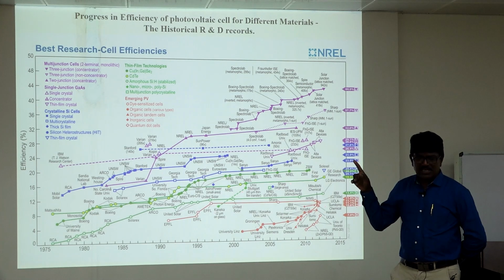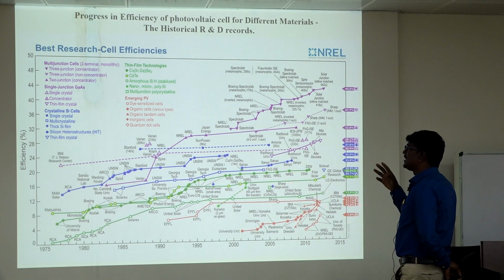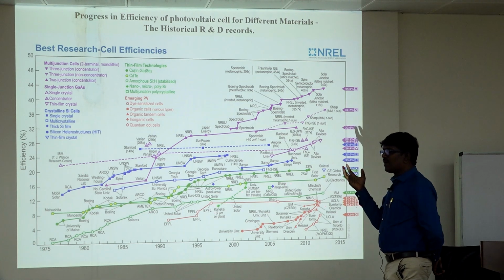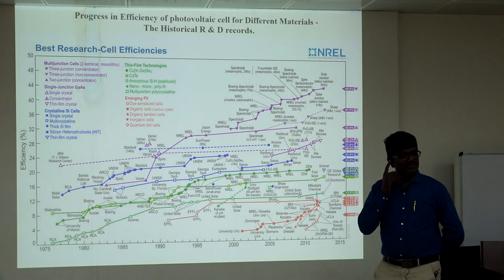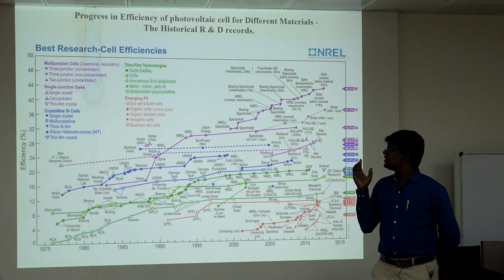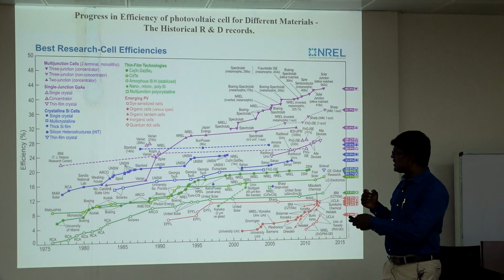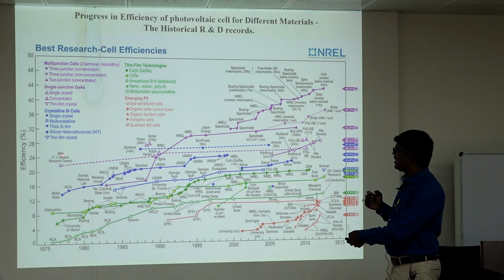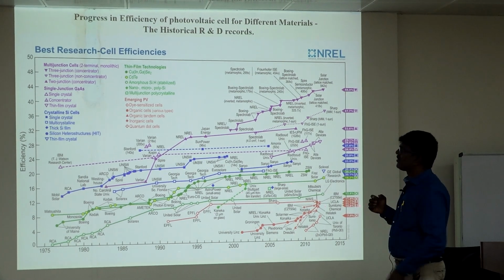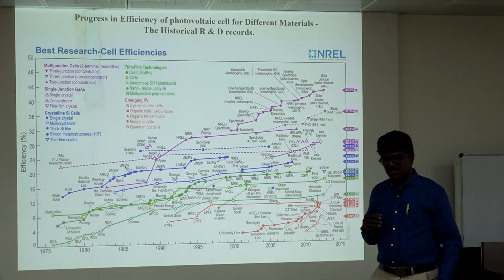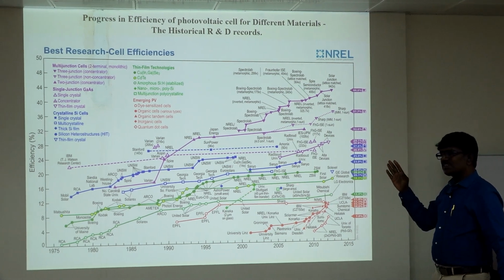The first solar cells start with multi-junction components, using 3-junction, 2-junction, etc., or amorphous silicon, or single crystal gallium arsenide, etc. It starts around 1975, and we can see the efficiency goes up to 44%. Then the cost factor is very high.